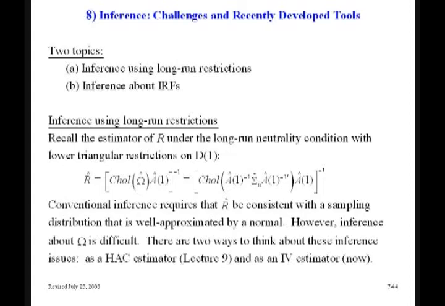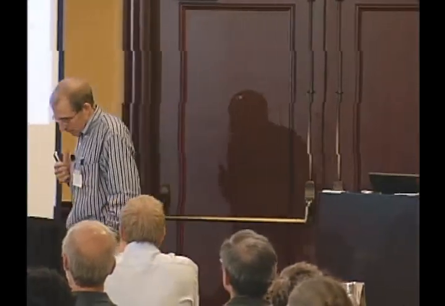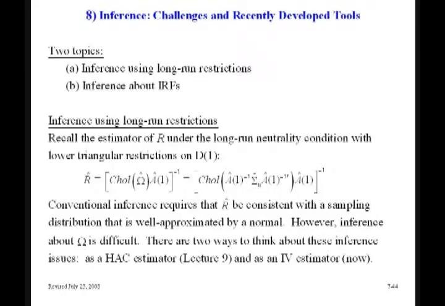Okay, so back to this spirited debate. The long-run identification procedure led to an estimate of this magic matrix R that was obtained by doing a Cholesky factorization.